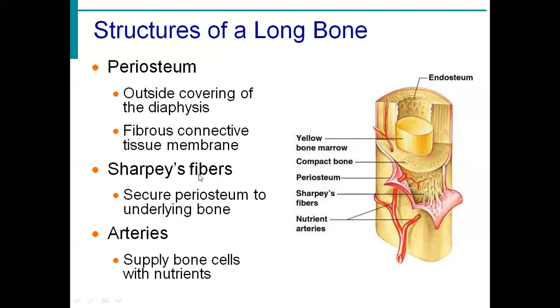Sharpey's fiber is the internal part of the periosteum. This is mainly connective tissue. Connective tissues are important for alignment of the periosteum towards the compact bone.